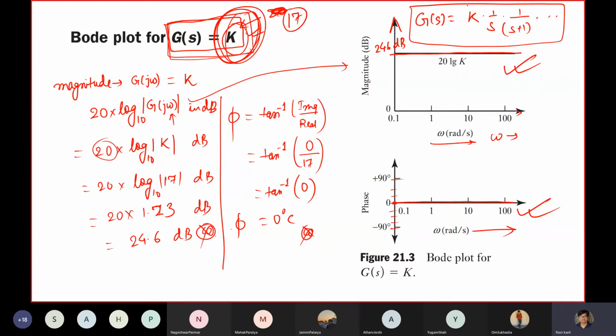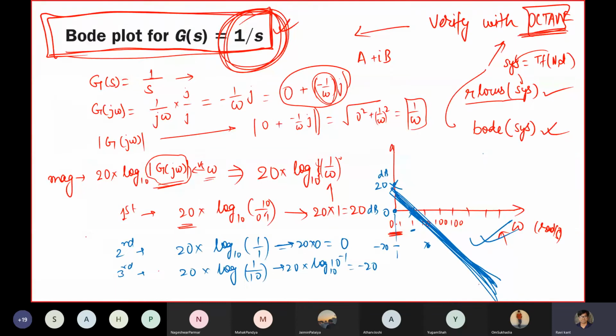So if you know the Bode plot of each of these individual blocks, it would be easier to draw the overall Bode plot. That is my idea. That is why I am taking individual blocks.